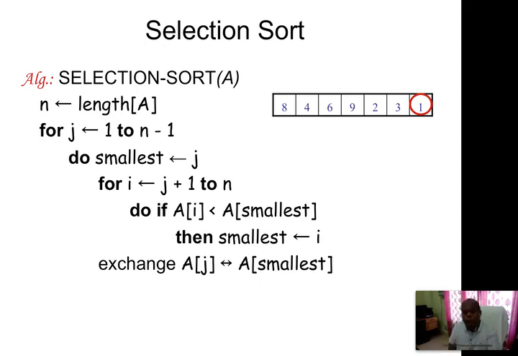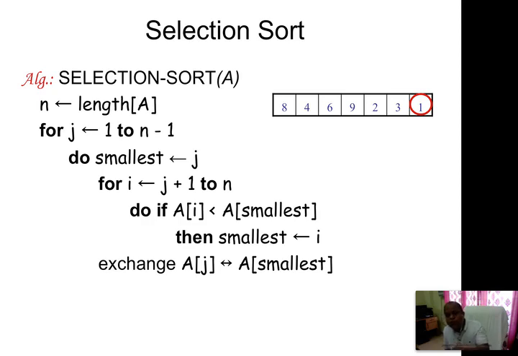For i is equal to j plus 1, that means i will be 2. Now 4 and 8, which one is smaller? The smaller is 4 where i is pointing, hence smallest will be the ith position, the 4th position.